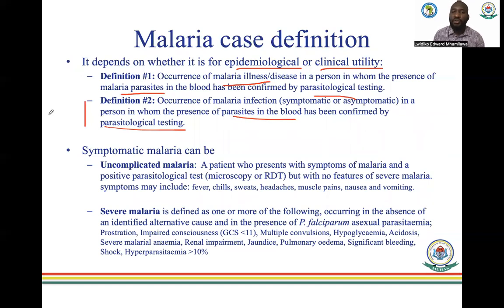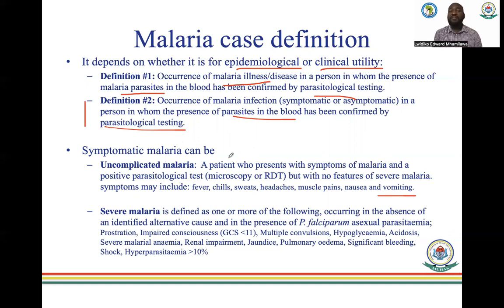Uncomplicated malaria is a person who presents with normal symptoms of malaria, such as fever, chills, sweat, headaches, muscle pain, nausea, and vomiting, but has no features of severe malaria, and has been diagnosed as parasitologically positive by microscopy or a rapid diagnostic test.